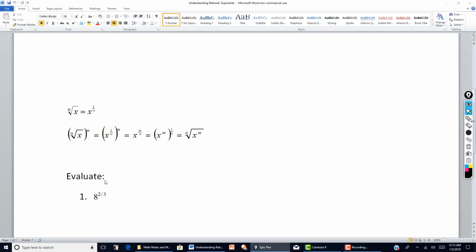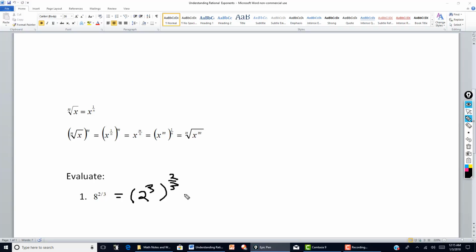Let's look at these problems. Evaluate 8 to the 2/3, and I'm going to do this a couple of ways. First, I'm going to treat it just like a regular exponent. 8 to the 2/3 power is 2 to the 3rd taken to the 2/3, and with a power to a power, I multiply the exponents.